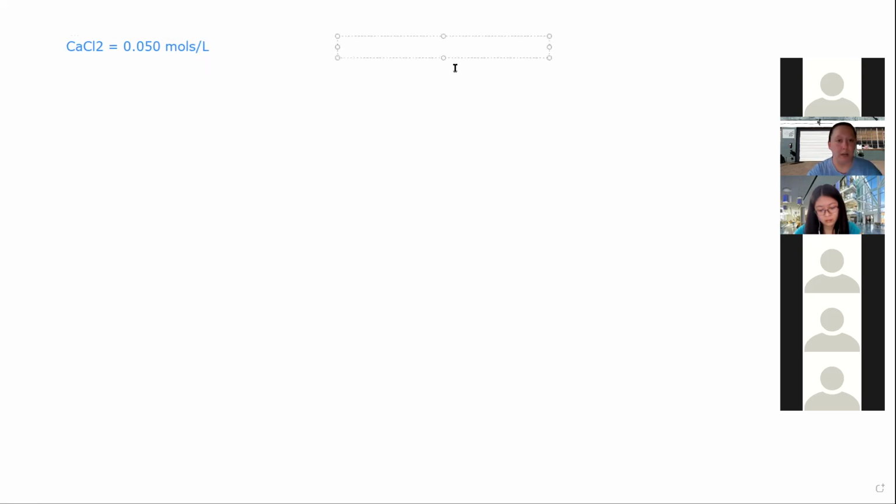For calcium carbonate, the concentration we're using is 0.1 moles per liter, okay? Those are our starting concentrations. So let's go through the math of trial 1 together.